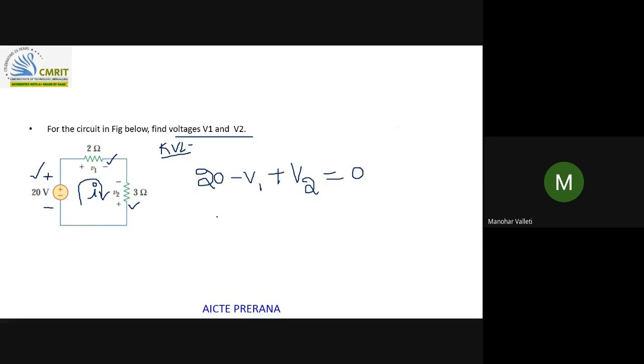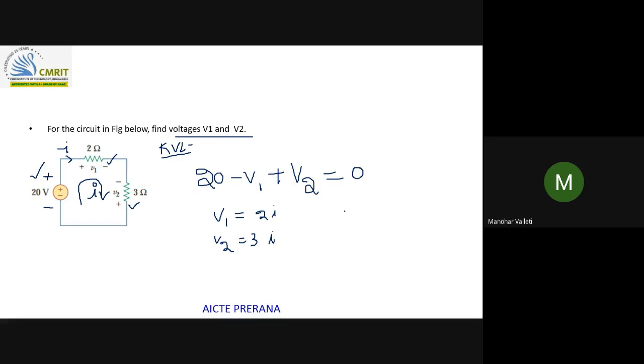So how can I write V1? Can you tell me V1 based on Ohm's law? So 2 into I. Yes, V1 equal to 2I. Based on Ohm's law, V2 equal to 3I.